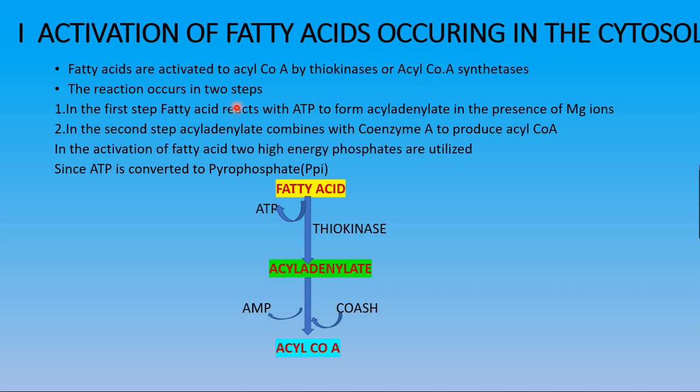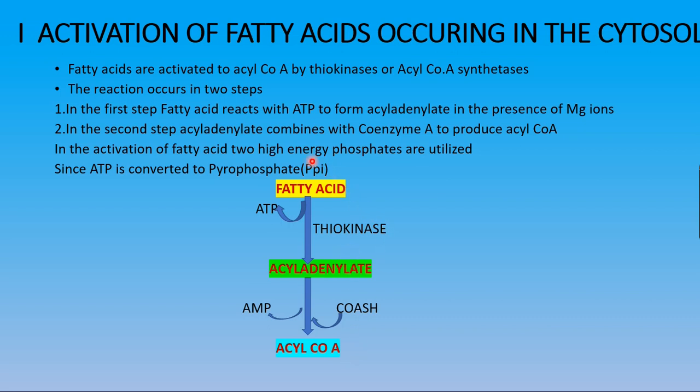The fatty acids are activated to acyl-CoA by the enzymes called thiokinases or acyl-CoA synthetases. That means the fatty acids are converted into acyl-CoA. During this process, there are two steps.